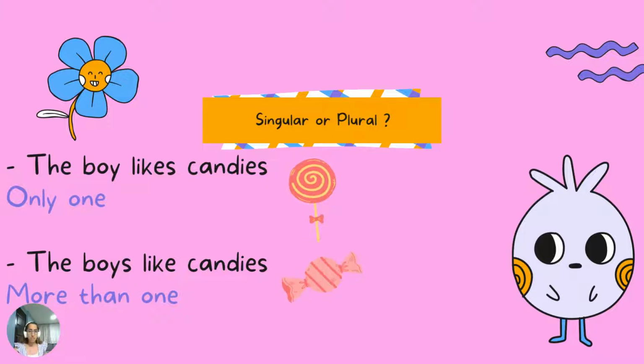For example, in this sentence, the boy likes candies, we mean only one boy. And in the second sentence, the boys like candies, we mean more than one. We are referring to more than one boy.